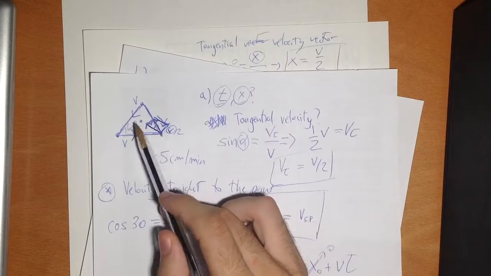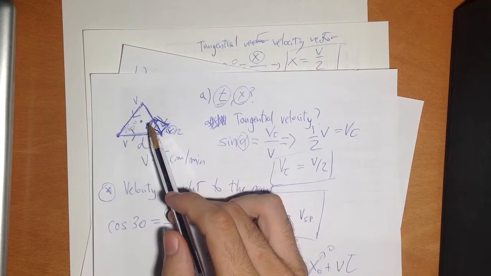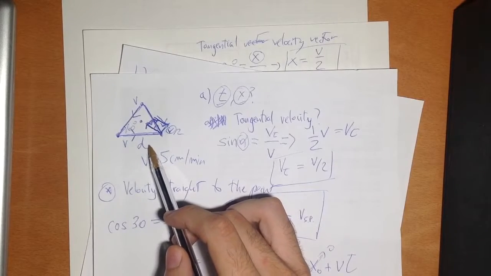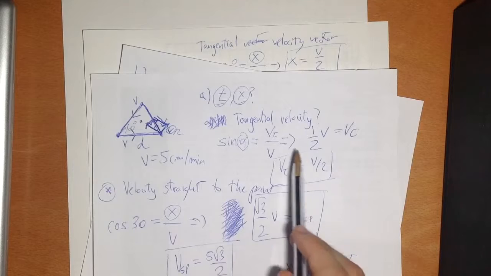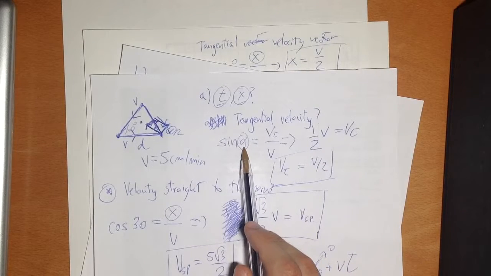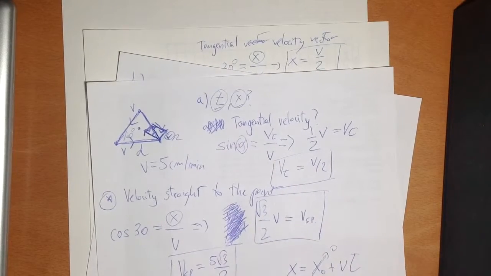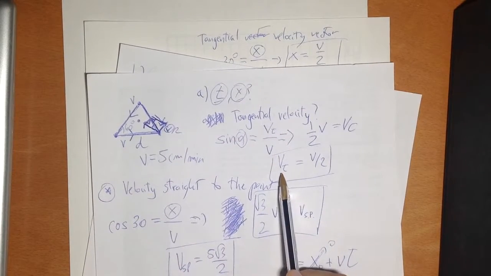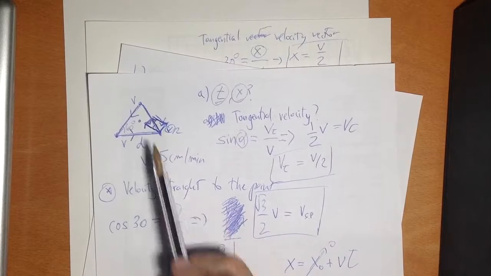We know the angle here is 60 degrees because it's an equilateral triangle, and half is 30. So we just have to find the sine of 30, and the tangential velocity is half of the velocity vector right here.